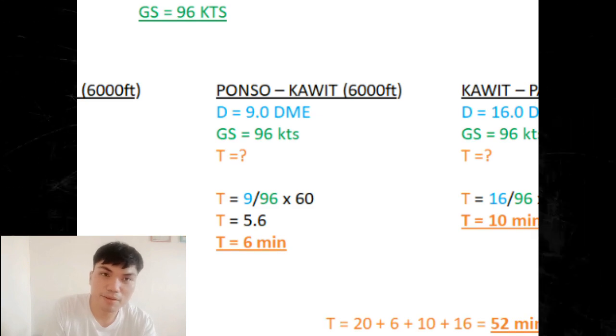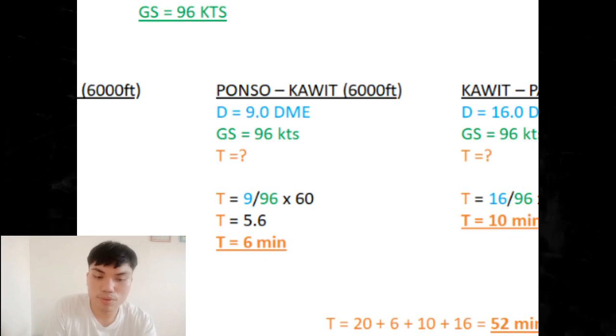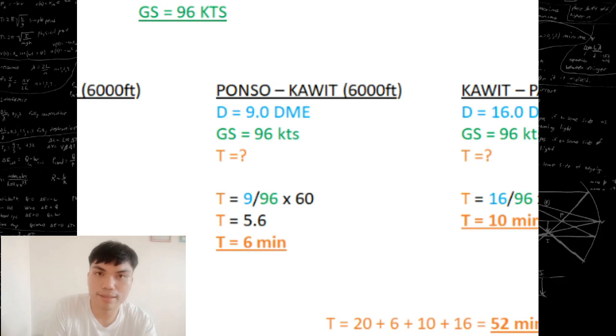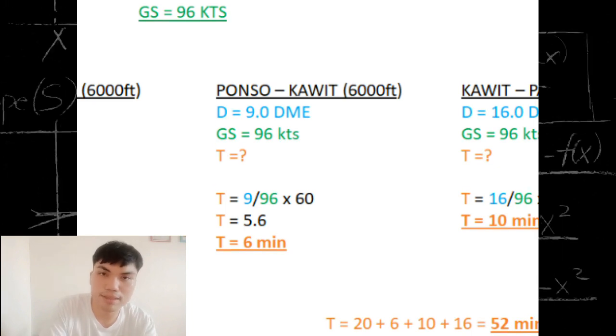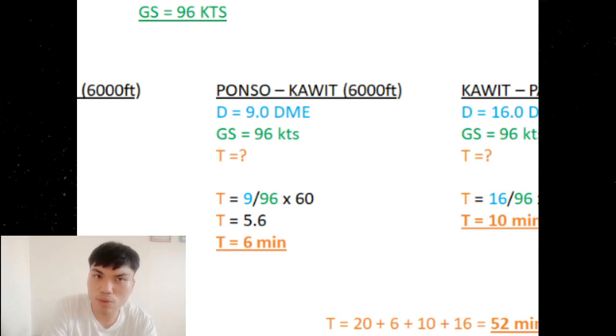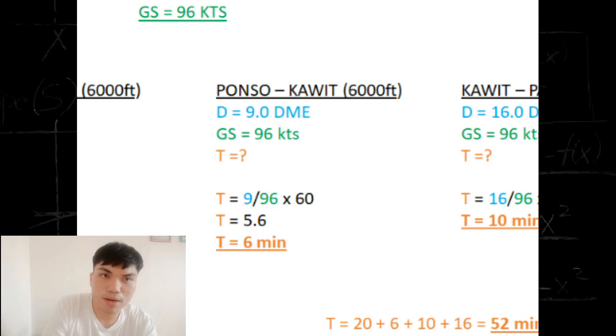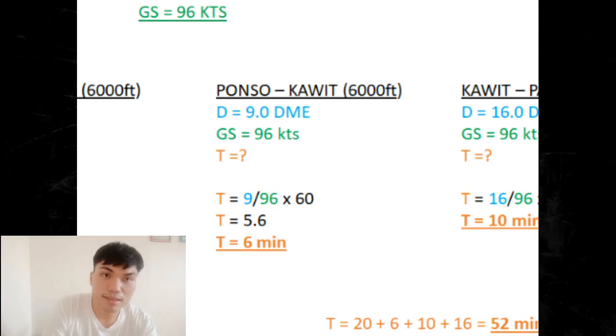Depends actually, but we're getting the ETA anyways. So time is equal to 9 DME over 96 knots times 60. That is equal to 5.6, so I just rounded up to 6 minutes instead of 5 minutes. So the time is 6 minutes from Ponso to Kawit, at 6,000 feet.